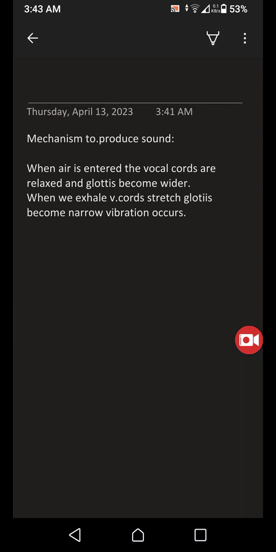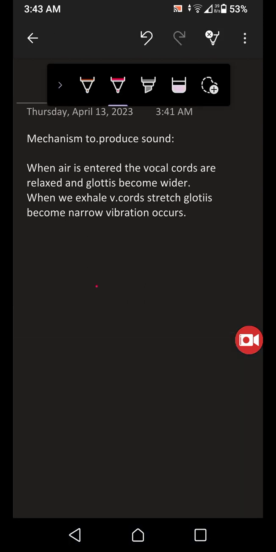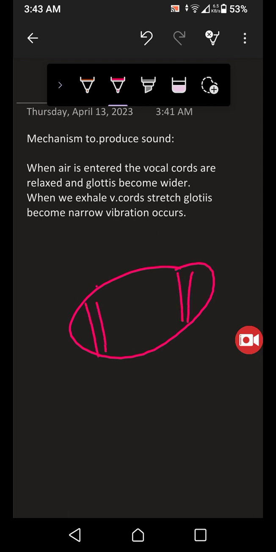Okay, first let me draw. For example, this is the glottis and this is the vocal cords. Okay, when we inhale air, the glottis becomes wider and they become relaxed.